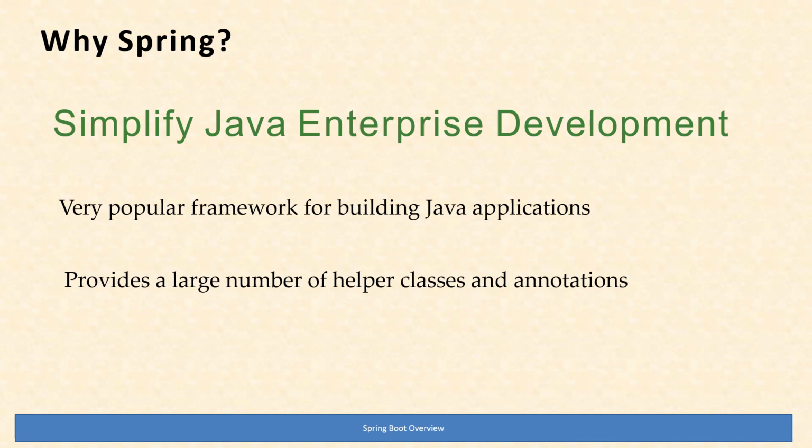Later, we moved to some framework like Struts in the beginning, and later we came up with Spring, and Spring has become a de facto standard now. So in one sentence, Spring makes Java enterprise development very simple.